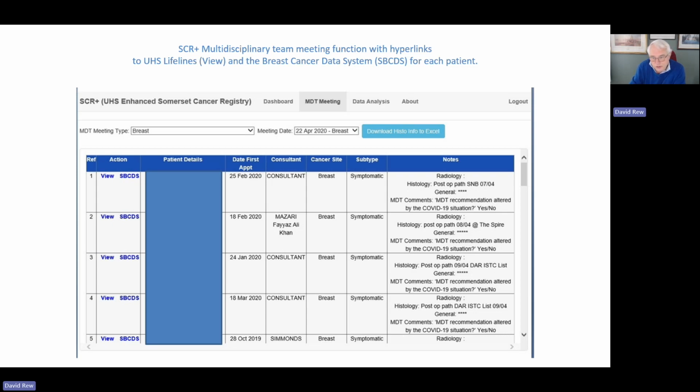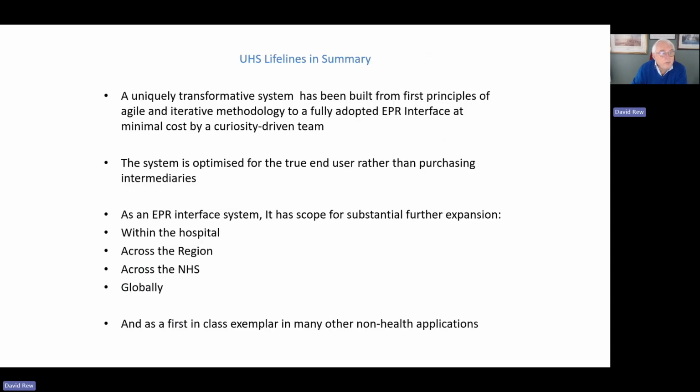So I could both update the information as the MDT proceeded, but also very rapidly each patient could be intelligently discussed with the entirety of the relevant information in front of them, rather than having to say, well, we don't know what the history was from 5 years or 10 years ago, because it's going to take too long in a meeting of 60 or 100 patients to dig it all out. So that's transformed the utility of our multidisciplinary team process as well.